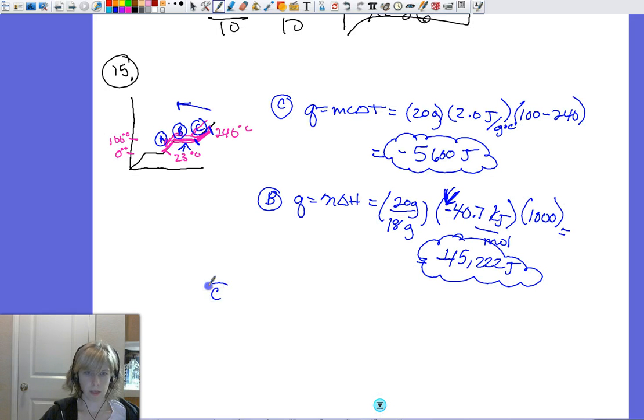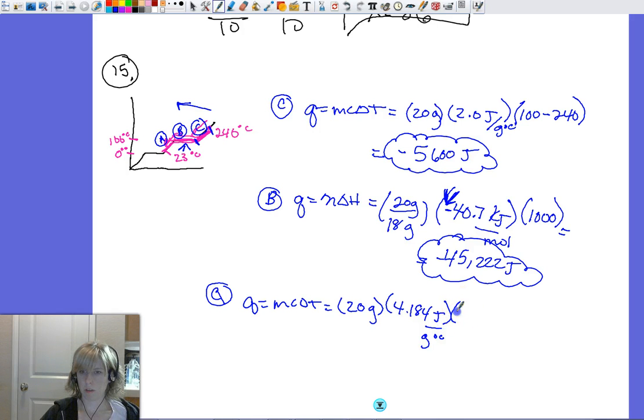Now for section A, we're going to have Q equals mc delta T, since we are in the liquid phase. Once again, our 20 grams, we're going to use 4.184 as our specific heat of liquid water, and our temperature change is going to be a final temperature of 23, and we started this section at 100. If we solve that, we get negative 6,437 joules.